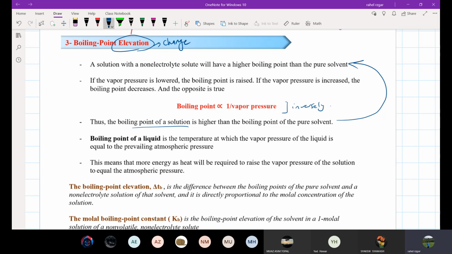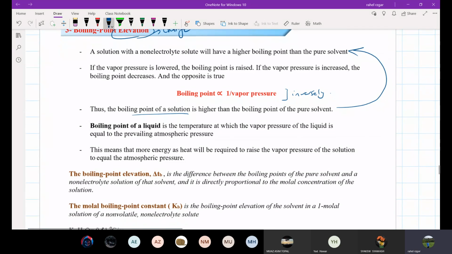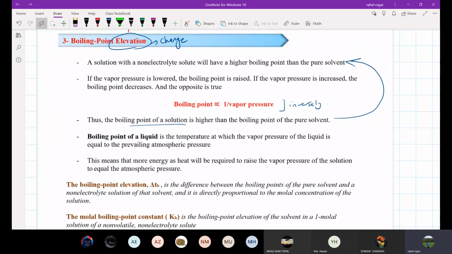Because if we have some solid in a solution, let's say water boils at 100 Celsius. After we put some solute in it, or we increase the concentration of the solution, it will not boil at 100 Celsius. It will boil above 100 Celsius, like 101, 102, depending on the concentration.